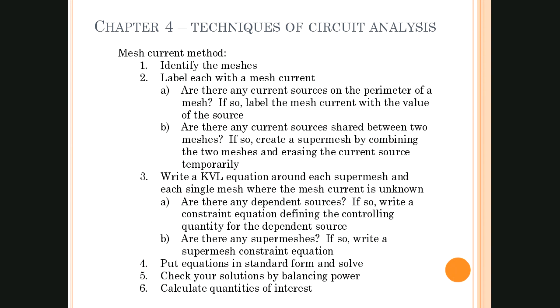If so, create a super mesh by combining the two meshes and erasing the current source temporarily. We haven't done this in class, and I'll do an example, but I won't give you one of these for homework. But again, if you have a super mesh and you have a current source that's being shared, it doesn't matter what the two individual mesh loops are, that current source has to be whatever it's labeled.